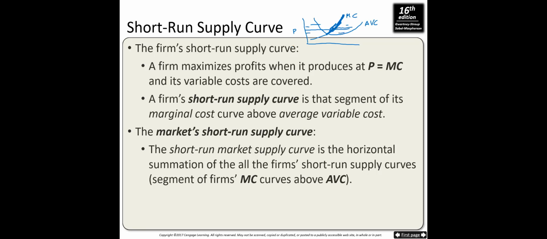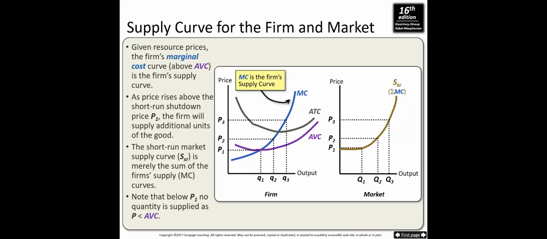The market's short-run supply curve is the horizontal summation of all the firms' short-run supply curves. Let's see these examples. Here, this is the short-run market supply curve. It's the summation of all marginal cost curves that are above the AVC. Remember what I said, the firm is going to produce starting from here, and anything above.